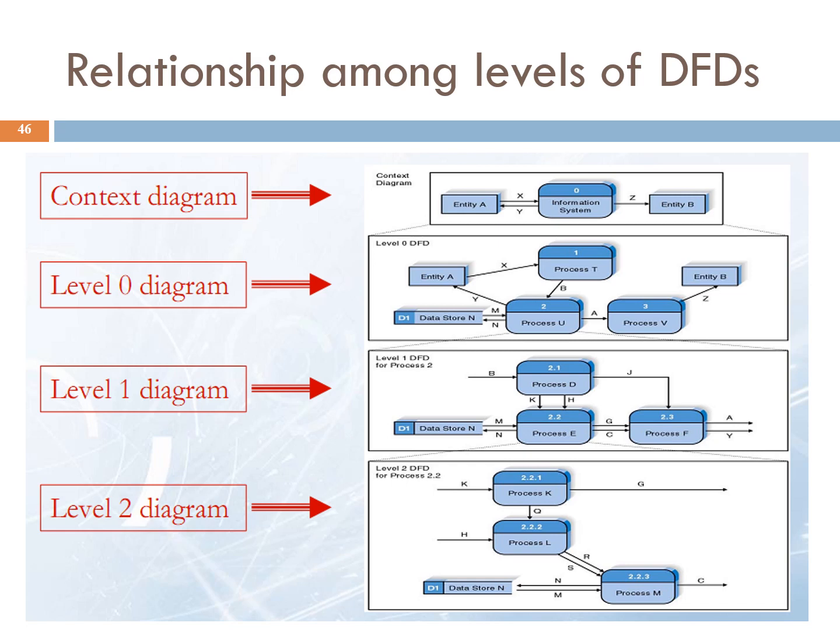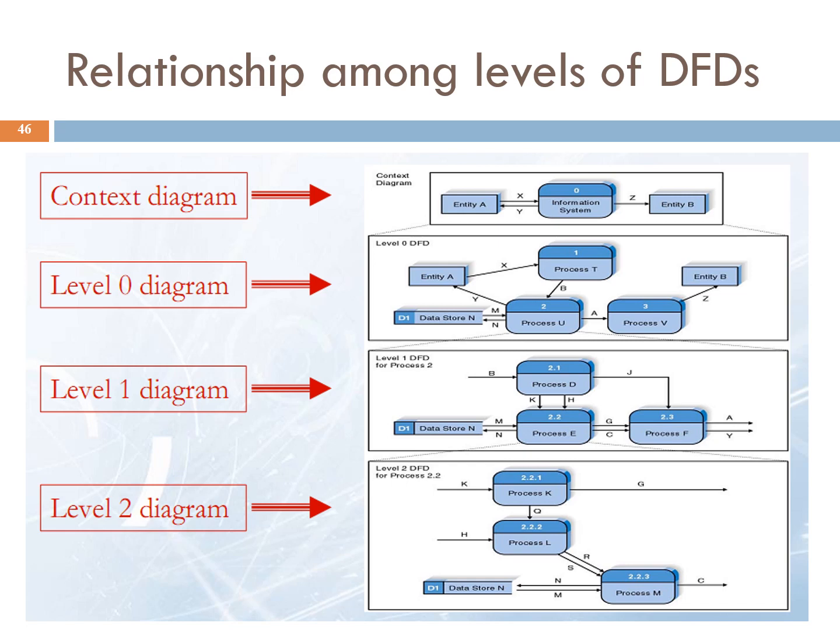Then you can have another lower level diagram, which is level 2. Here you can see the level 2 DFD, where the process numbers are 2.2.1, 2.2.2, and 2.2.3.